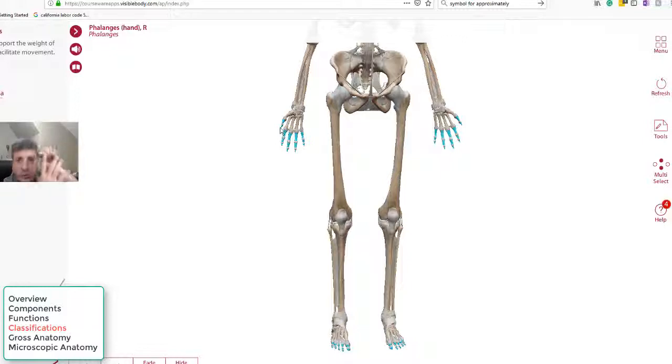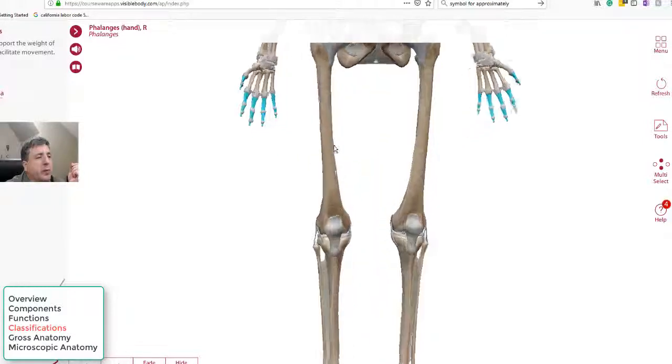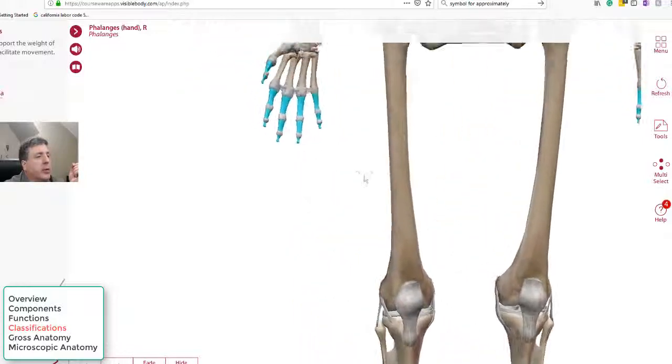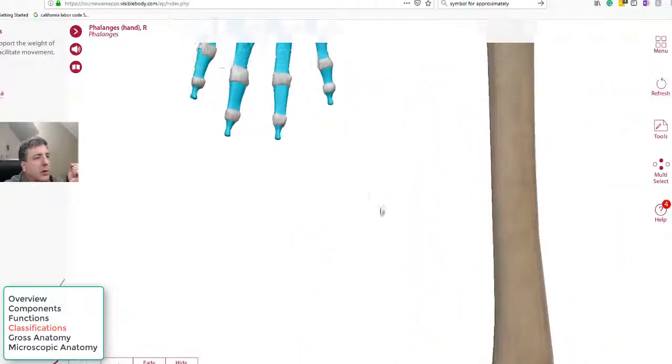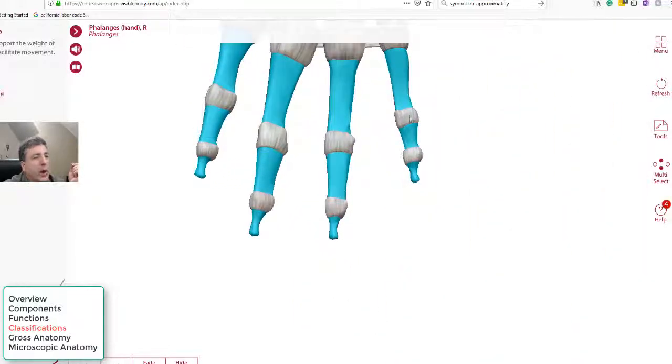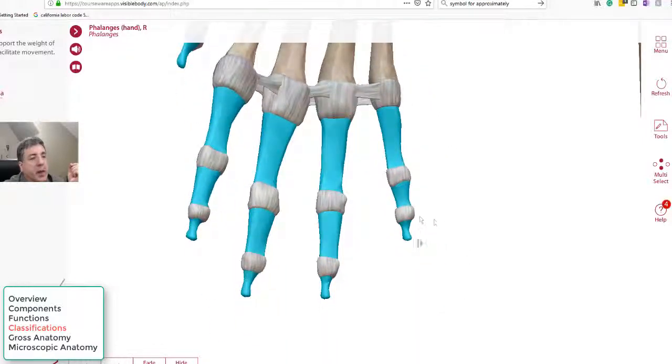Even though the size of the bone may be very small, they're not considered short bones. And what's the difference between a long bone and a short bone? In a long bone, it's longer than it is wide. So let's zoom in on one of these. Let's go way in. This is your pinky, okay?